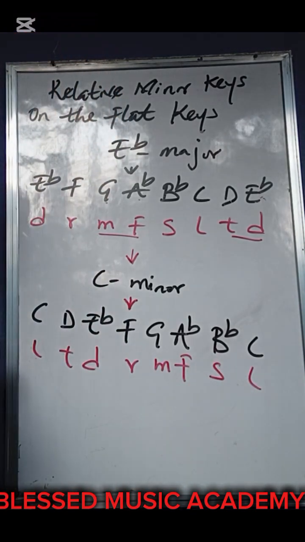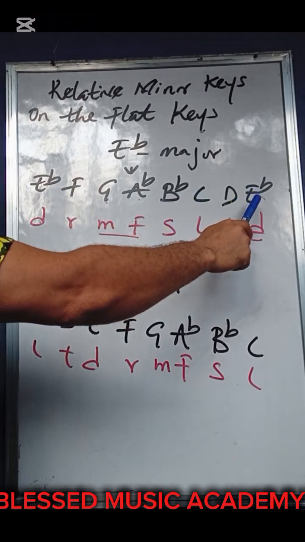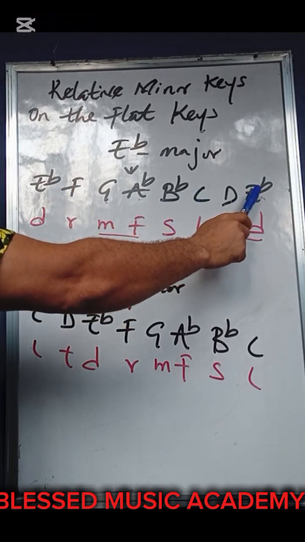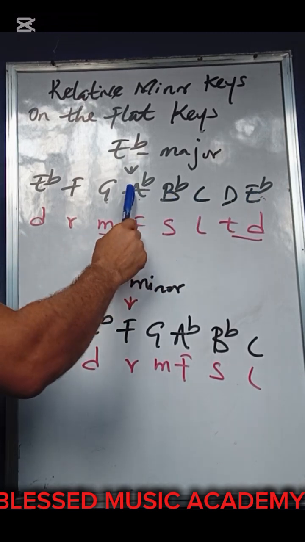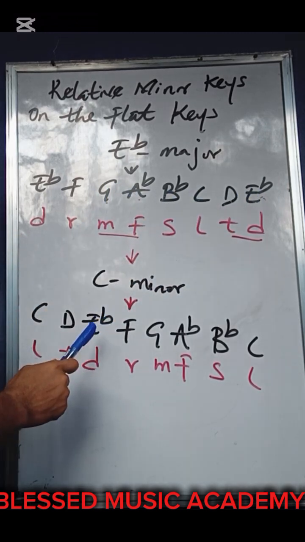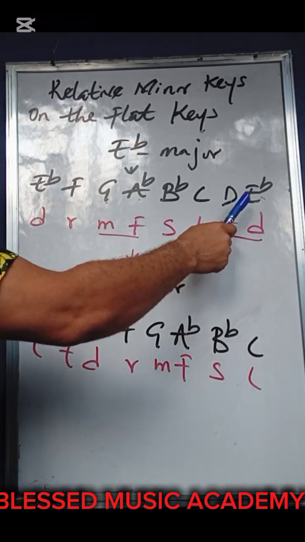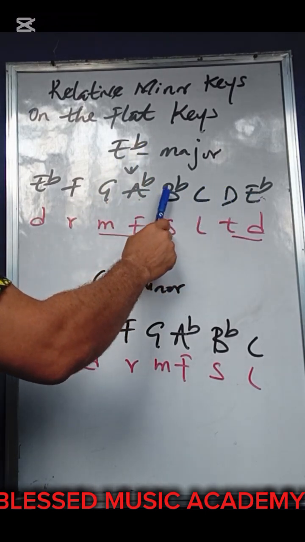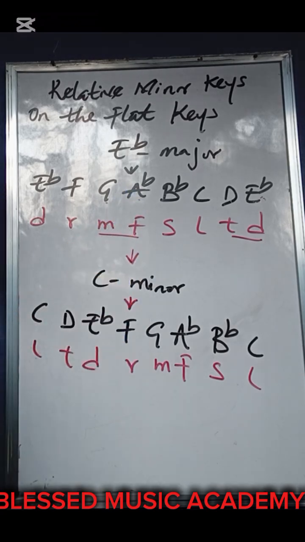So the next key to construct, you just count from the fifth backward: 1, 2, 3, 4, 5. We constructed E flat major, so the next one to construct is A flat major.